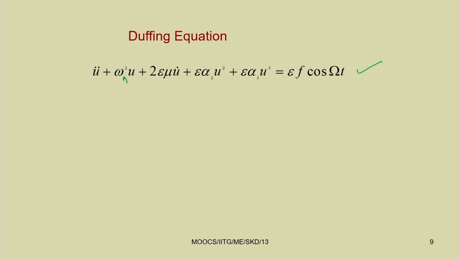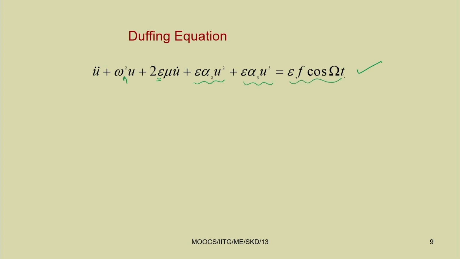We are assuming the damping is generally one or two orders lower than that of the linear term, which is why the bookkeeping parameter epsilon is used here. Then the quadratic nonlinearity epsilon alpha 2 u square, a cubic nonlinearity epsilon alpha 3 u cube, and then the forcing term.